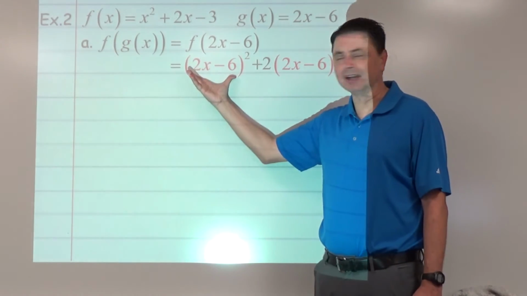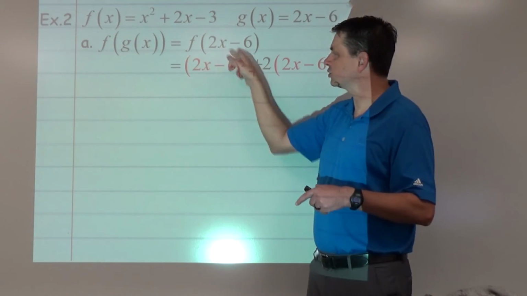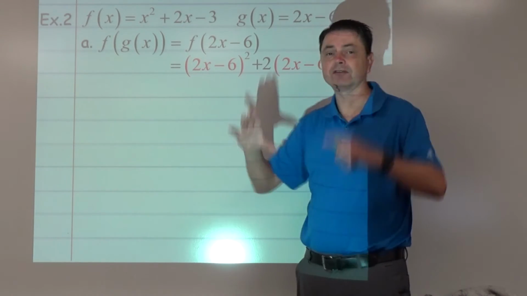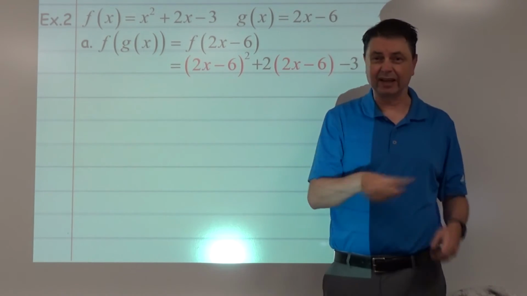So you may want to pause here and do this kind of over on the side. Remember, we're not allowed to distribute an exponent over subtraction. We have to do 2x minus 6 times 2x minus 6 and multiply that all out.